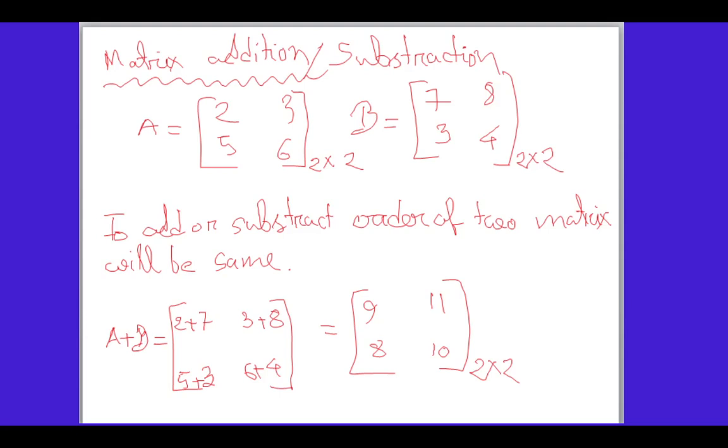Similarly, we can subtract two matrices like this. Suppose A is a matrix 3, 4, 6, 7. B is a matrix 7, 8, 9, 10.